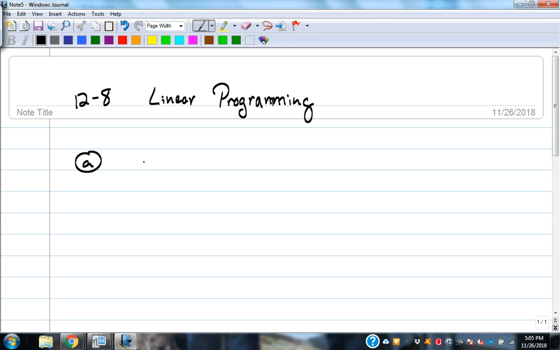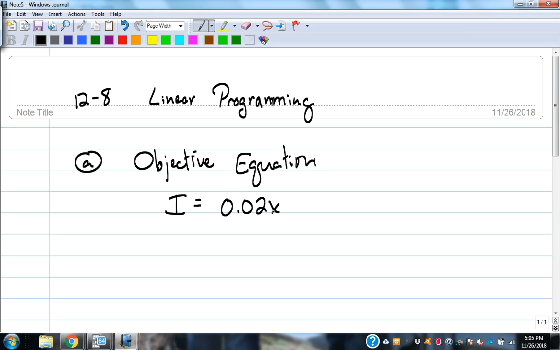You're gonna have what's called an objective equation. I'm gonna give that to you. This objective equation is I equals 0.02x plus 0.03y. I'm going to give you that objective equation. Okay.